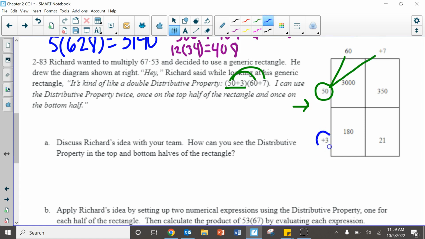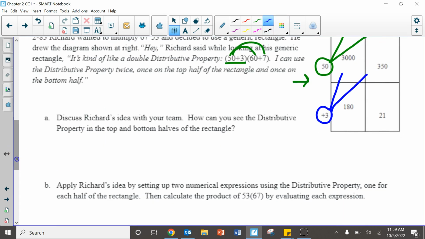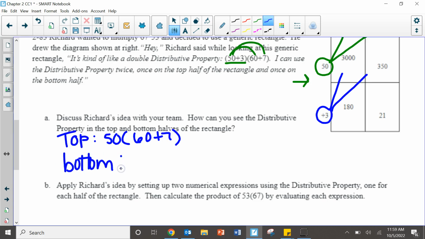Then we're going to take the 3 and multiply it by the 60 and the 7. So how you can see the distributive property on the top: the top is showing 50 times the 60 plus 7. And the bottom is showing the 3 times the 60 plus 7.